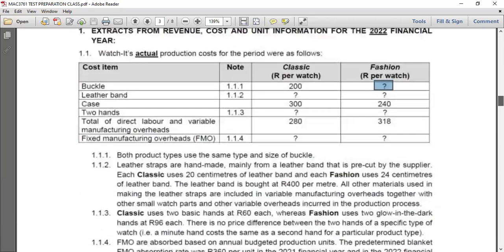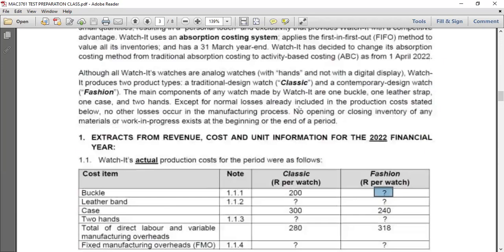You should be very careful with that statement. It didn't say there's no opening inventory at all. It says no opening inventory of any materials or work in progress, not finished goods. Oh, okay. Thank you. So you should be very, very careful. It usually comes there when they say materials and work in progress, not necessarily finished goods.